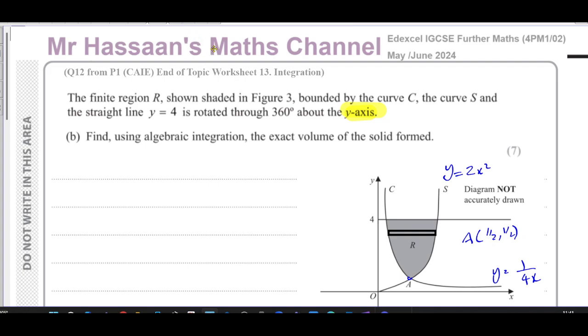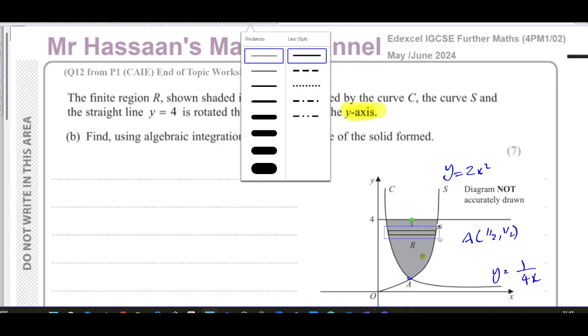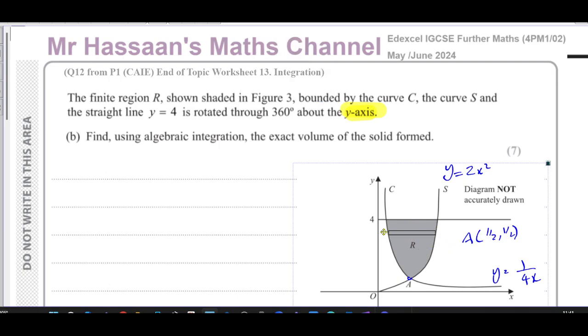So I've taken this little tiny slice of this shaded region, a very thin rectangle. And I'm going to see what happens when we rotate just this small rectangle around the y-axis.